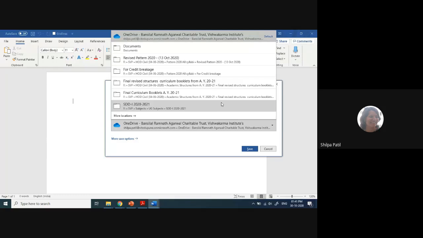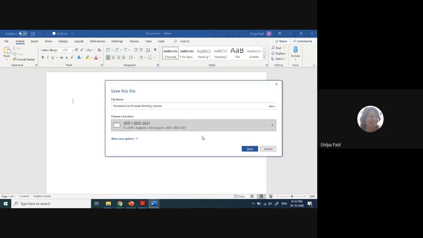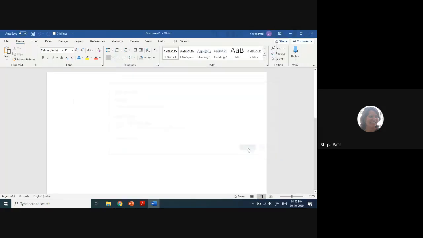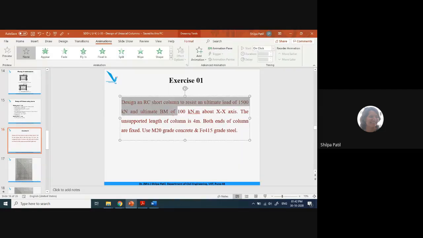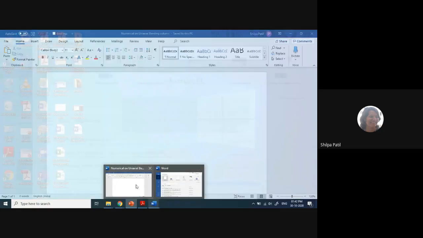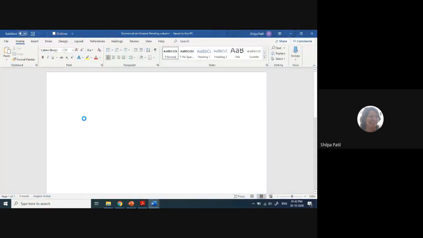Okay, so the same problem statement I will simply copy and paste here so that the same material I can share with you on VUL.